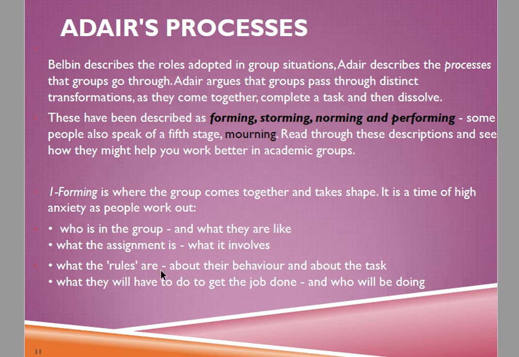Sometimes you need to choose your leader, and how you can work, what they will have to do to get the job done. So you divide the tasks, the duties among themselves. That's the forming stage. So in the exam later on, if we ask about Adair processes, make sure you remember the 5 stages or 5 phases that he mentioned.